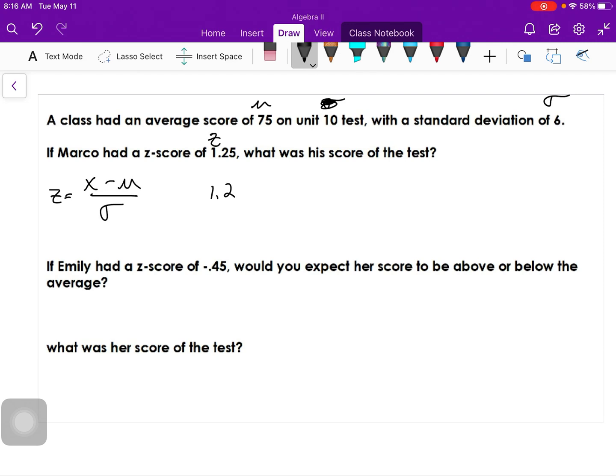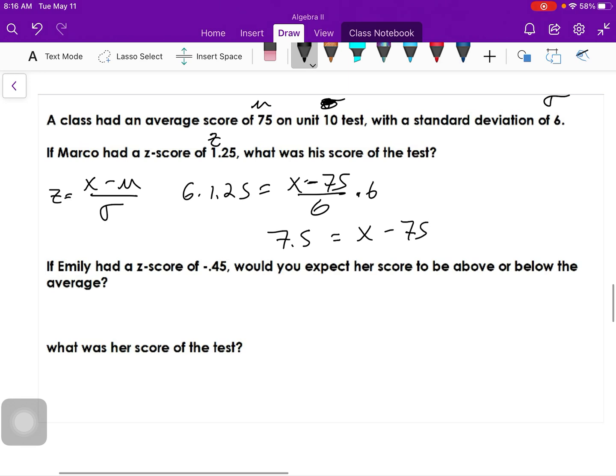So my z-score 1.25, raw score minus 75 over 6. So I'll multiply by 6. Add the 75. So his raw score was an 82.5.